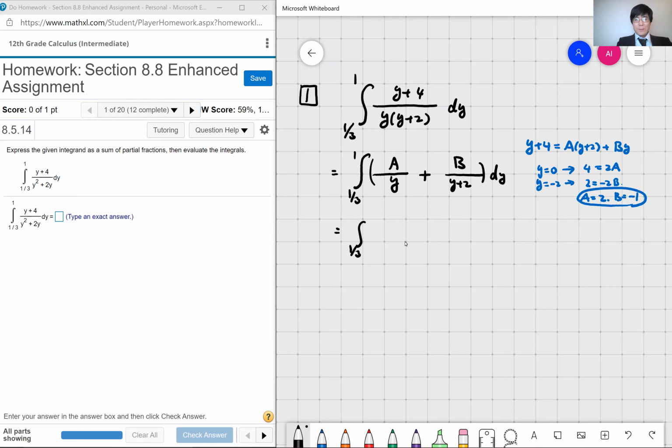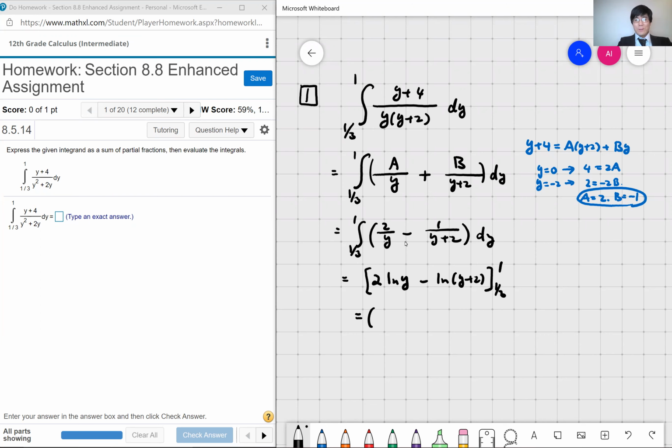So this is the integral from 1/3 to 1 of 2 over y minus 1 over y plus 2. Let's make sure that this gives us y plus 4 after we combine the fractions. Looks good. So after integrating, it's going to be 2 times ln of y minus ln of y plus 2, from 1/3 to 1.